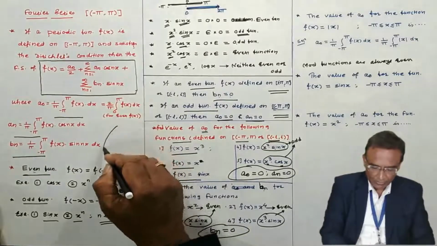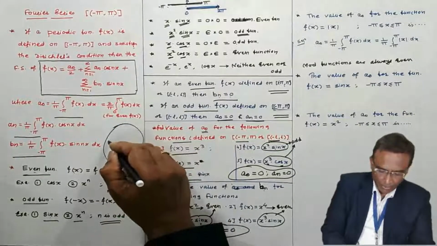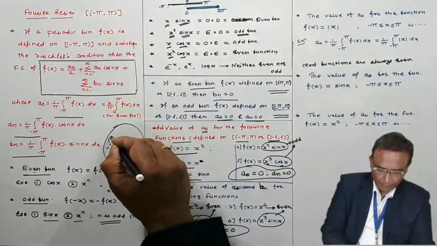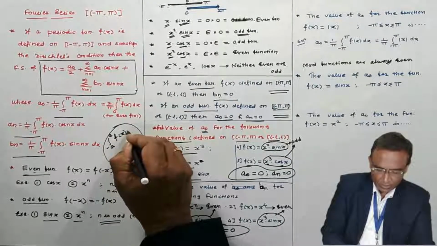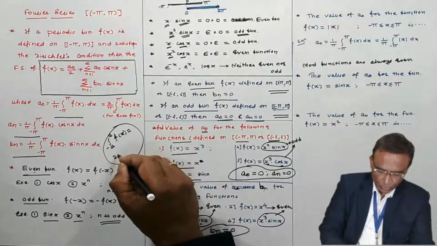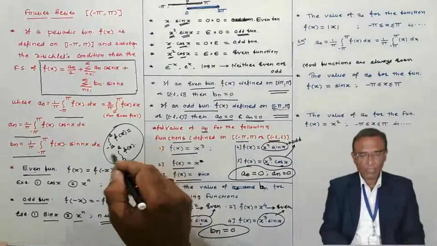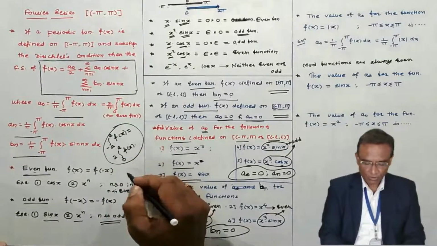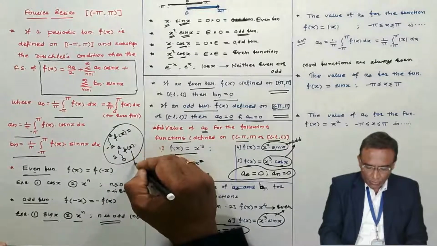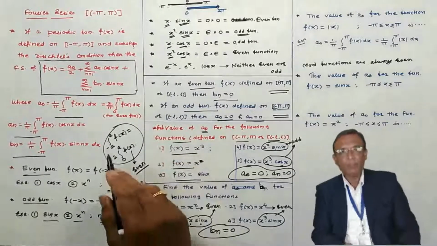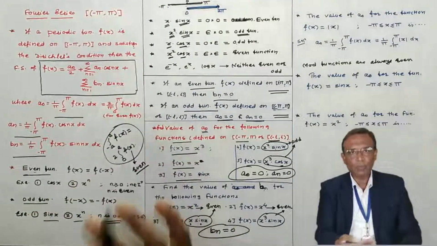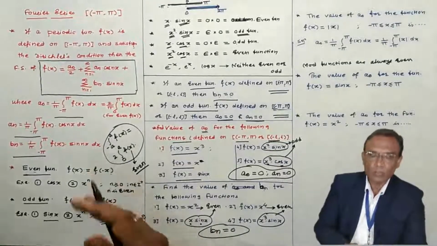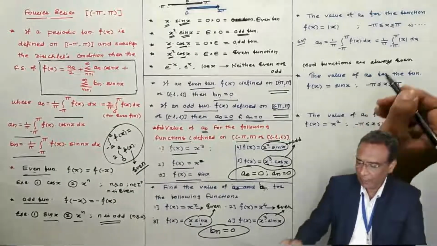One property of definite integrals I am writing: the integral from minus a to a of fx can be written as 2 times the integral from 0 to a. We are integrating with respect to x, dx I have not written. So this is for an even function. If the function is odd, then the value of the integral is 0. In 12th standard also we use this fact many times.